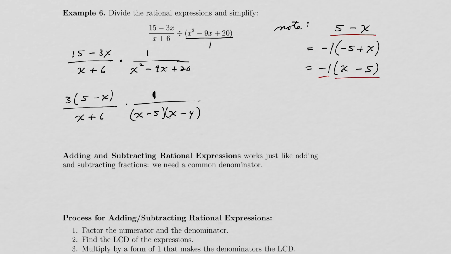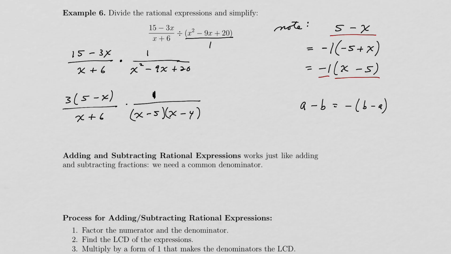In general, you could say that a minus b is the same as negative b minus a, right? So it switches the terms in the subtraction, but you have to have a negative sign that comes out. Negative 1 that comes out.